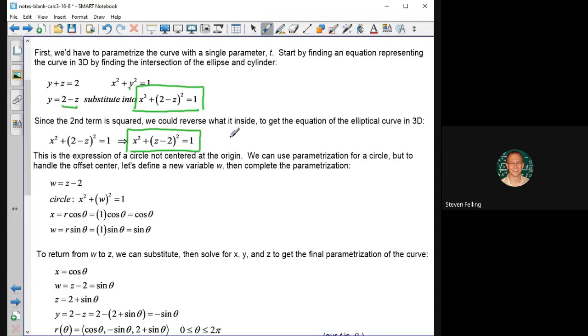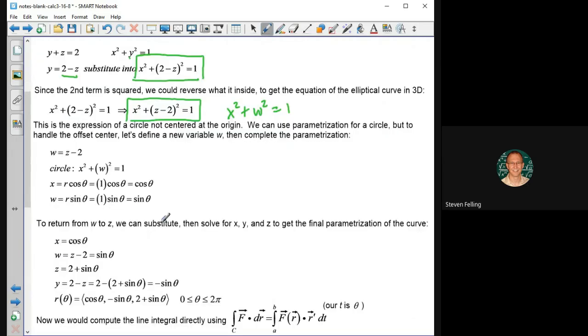What you can do is say, if this was x squared plus, I'm going to say w squared equals 1, that would be a circle, and I know how to parameterize a circle. So if I temporarily replace this more complicated thing with another letter, then I can parameterize the x as r cosine theta and that w as r sine theta. In this case, the radius is 1, so x would be cosine theta and w would be sine theta.